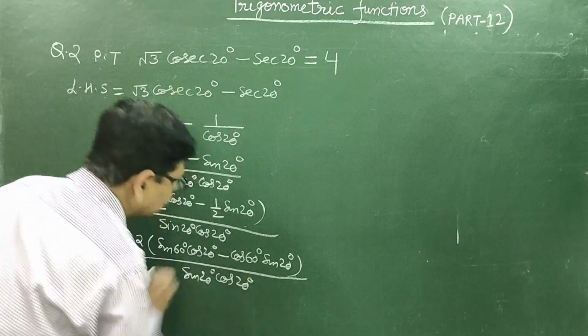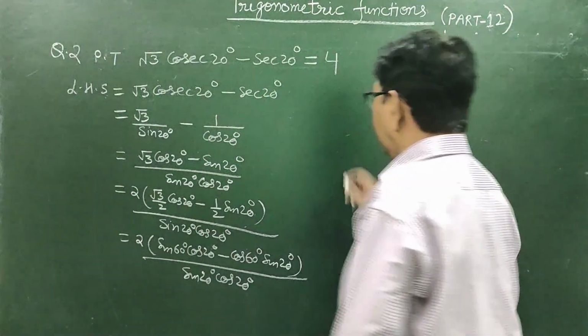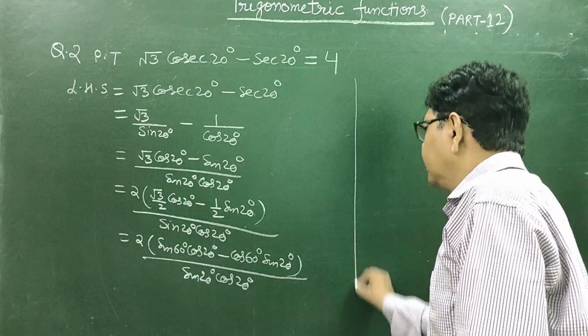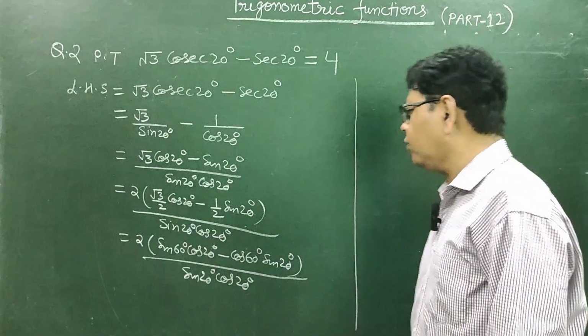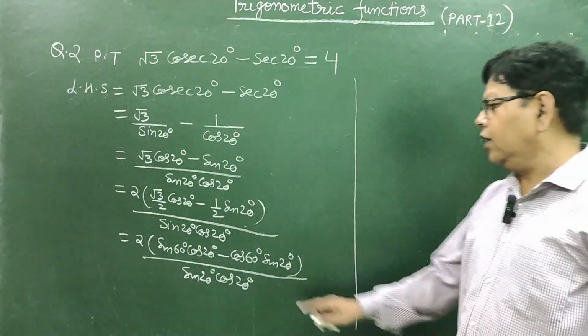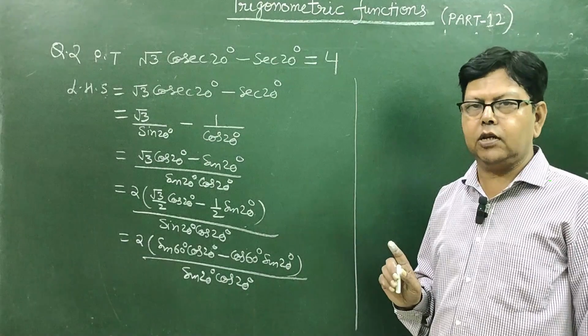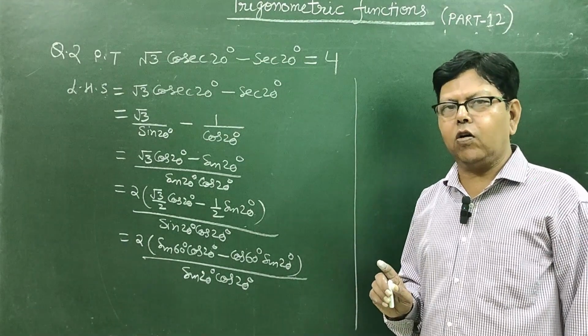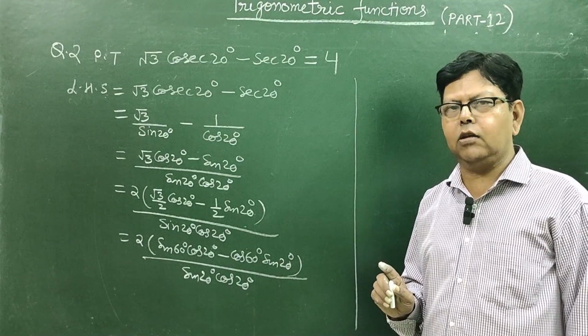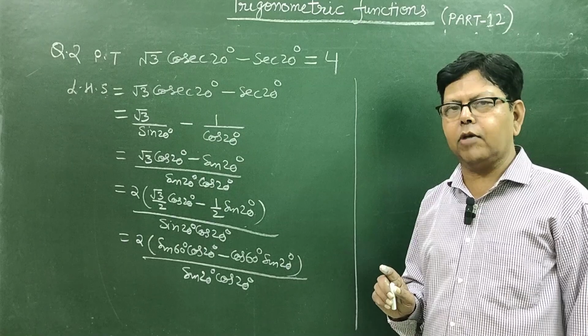Now you can see the numerator is in the form of sin A cos B minus cos A sin B, and you know sin A cos B minus cos A sin B is equal to sin(A minus B).